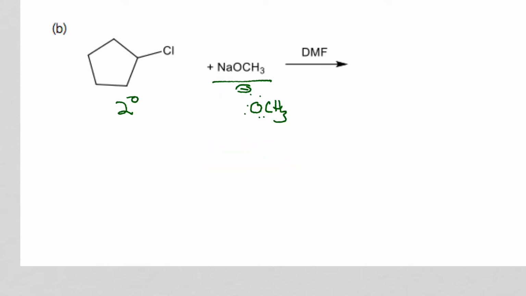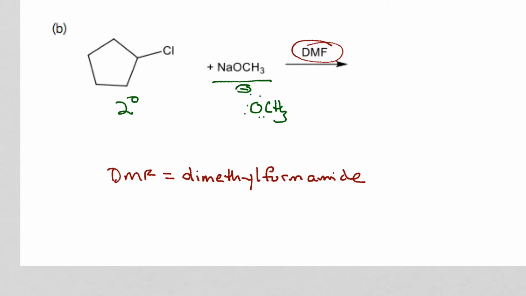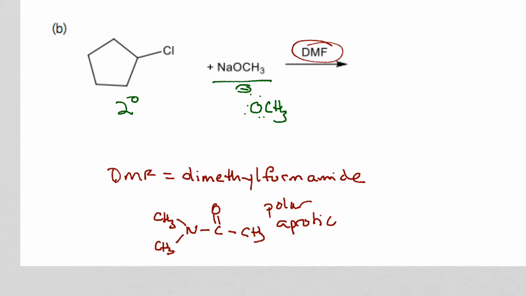So the next thing we want to look at is the solvent, and the solvent in this case is DMF, which stands for dimethylformamide, which looks like this. And this is an example of a polar aprotic solvent, so this is going to favor SN2 and E2 reactions.